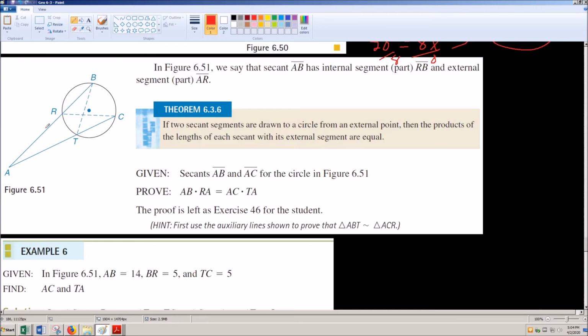So what that means is this short length times the long length is equal to short length times the long length. That's all that means.